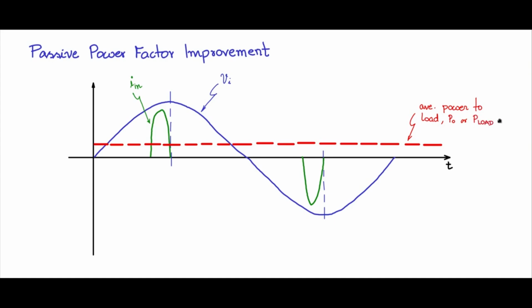Now to deliver the same average power, the same P0, if we had a pure resistive load, how will the current look? Resistive load, the current will be like this. Now observe that the peak is much reduced compared to this.